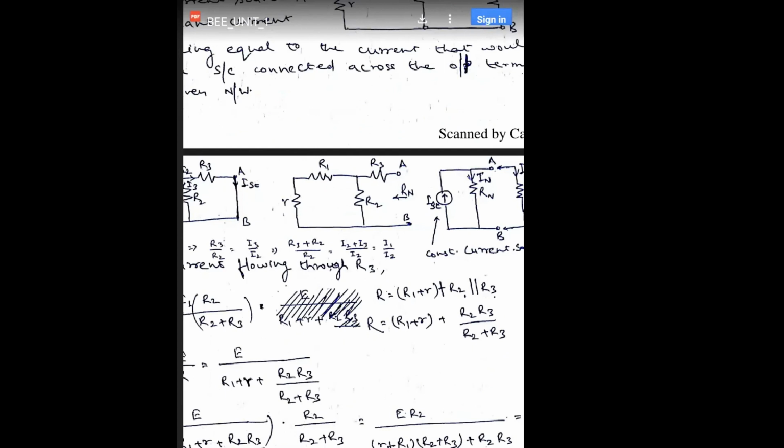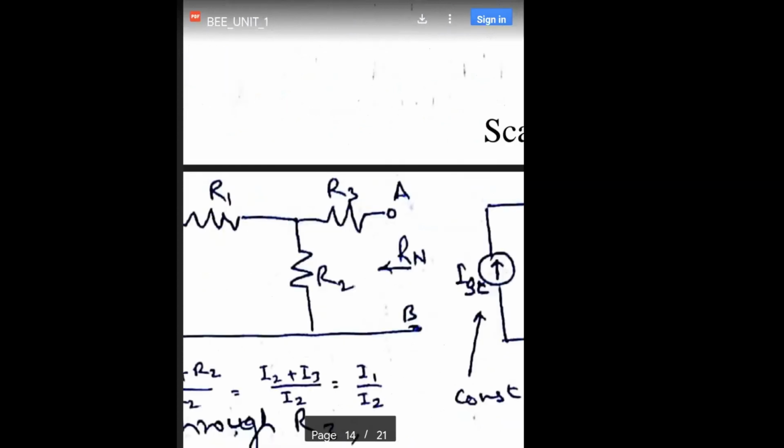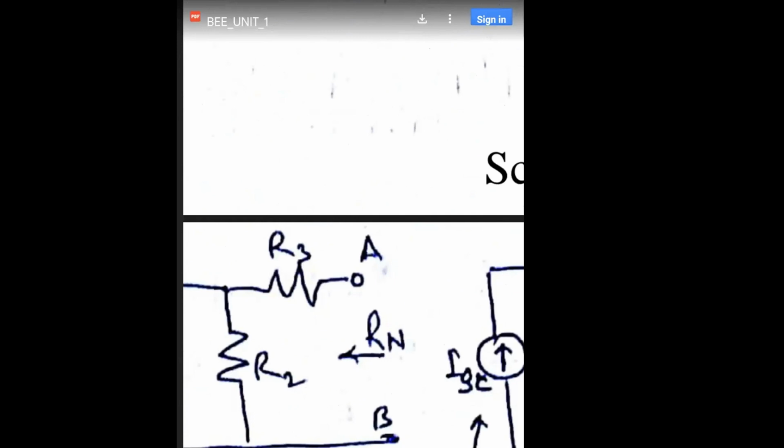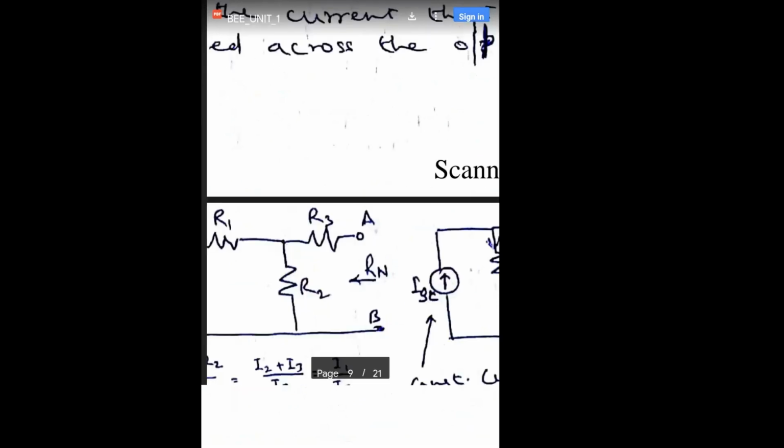So in this circuit, what you can see is that the EMF source is removed and it is replaced by its internal resistance, if any.